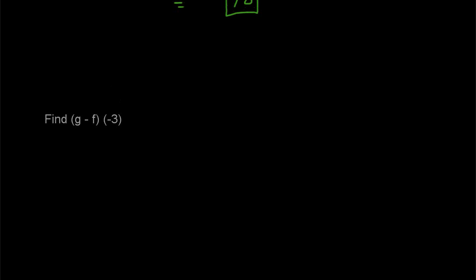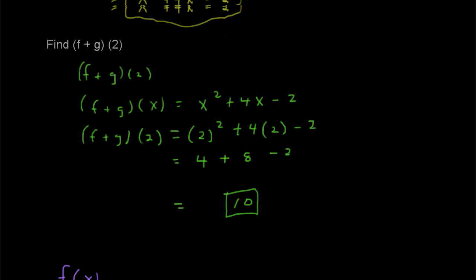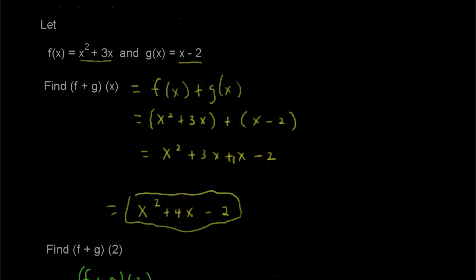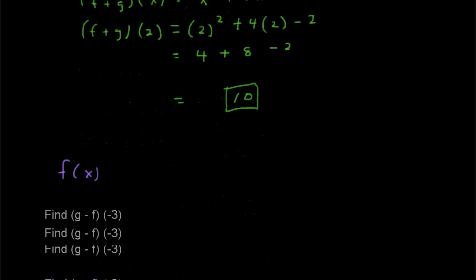Before you start that on your own, I better write down here where you can see what g of x and f of x were, because we've scrolled down where you can't see it. So f of x, what was that? Let's go back up and see. F of x was x squared plus 3x.